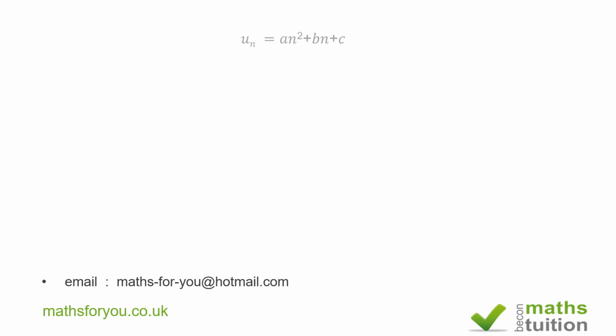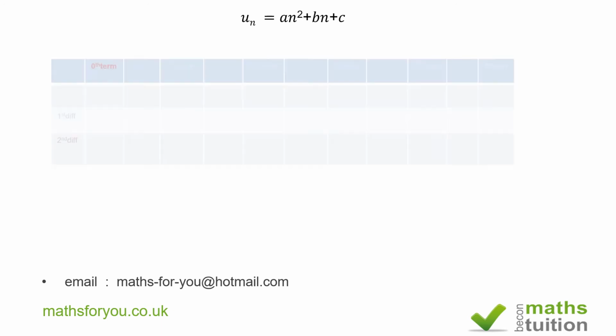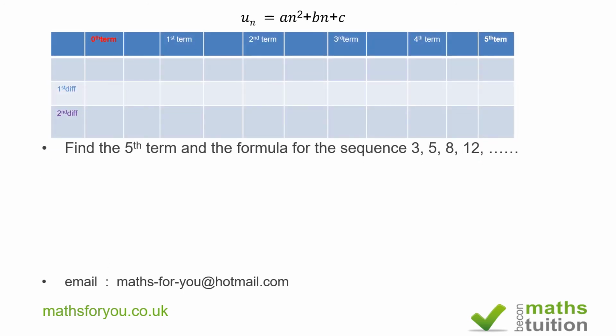Now this question here I've made up myself. It says, find the fifth term and the formula for the sequence 3, 5, 8, and 12. Again, we still have this generic formula for a quadratic sequence: u sub n is equal to an squared plus bn plus c.